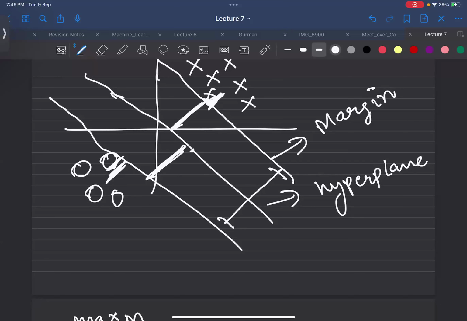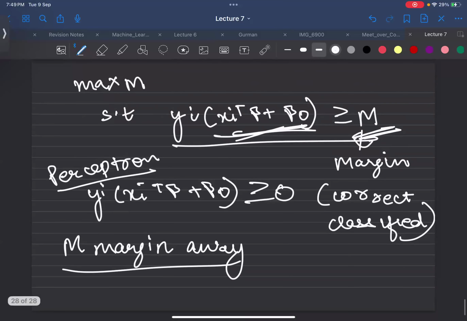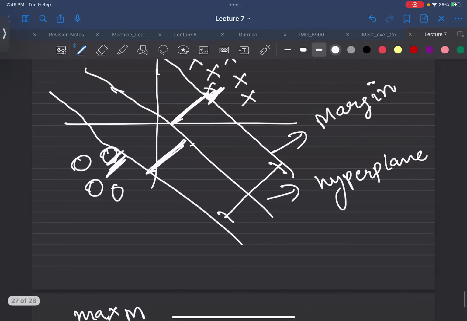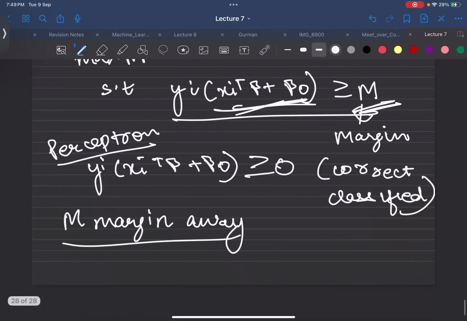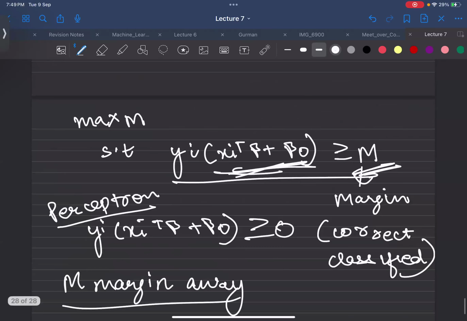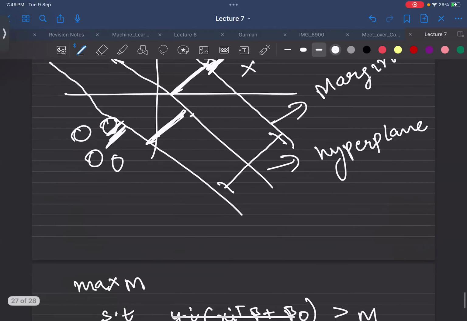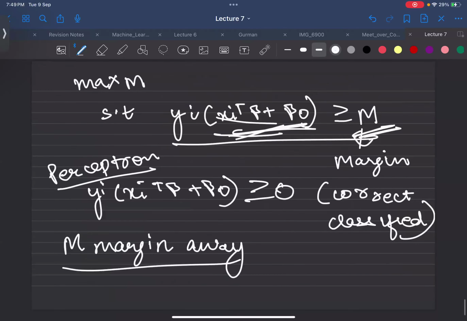What is the left side of the equation? Can someone explain? We have already done it before. It is the distance of the point from the hyperplane, the distance from the decision boundary. That's what is written here.